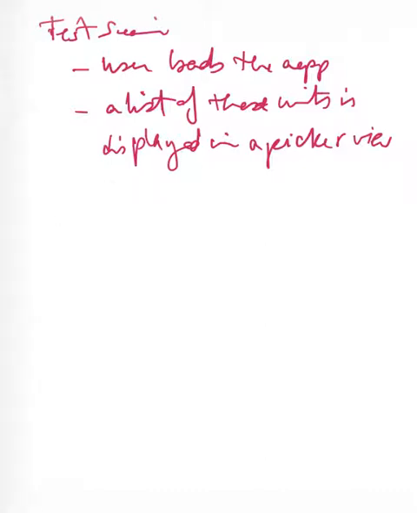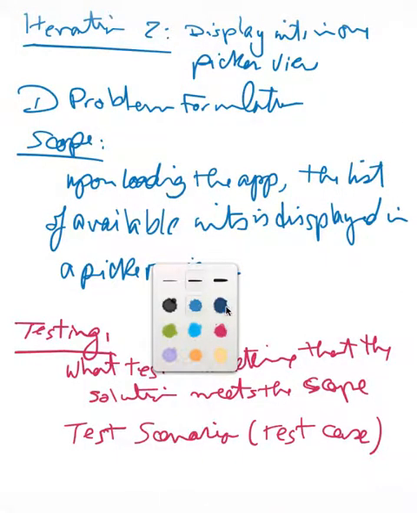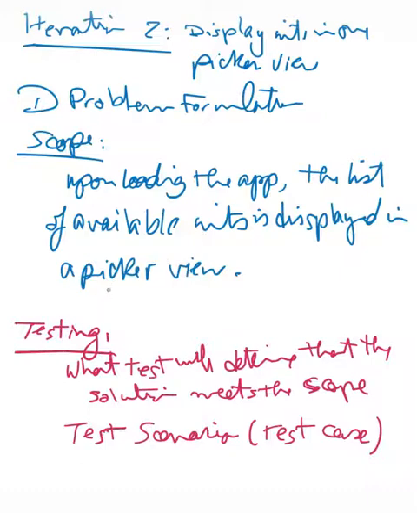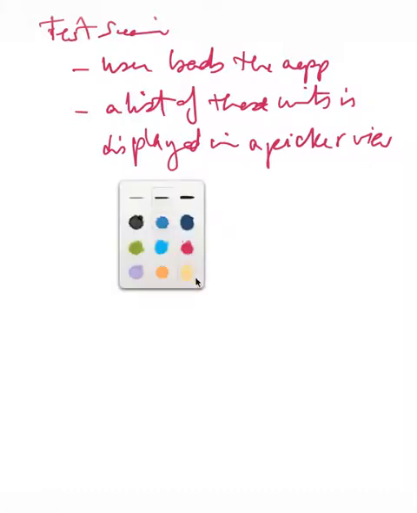The same units that are in the scope, which I did not write, which will be the same units that we wrote before: feet, inch, mile, meter, kilometer. So once the app loads, we will see all of those in a view.